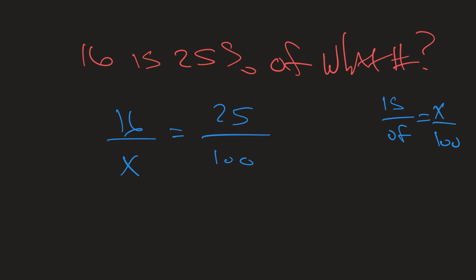With this type of wording, there would be a lot of students that would use 25 for the is because it comes after the is. But again, what's the 25 got on it? The percentage. And that's another reason why I want you to start with the percentage. You should be able to see that number with the percentage symbol and say, that's a percentage. That number's going over the 100.